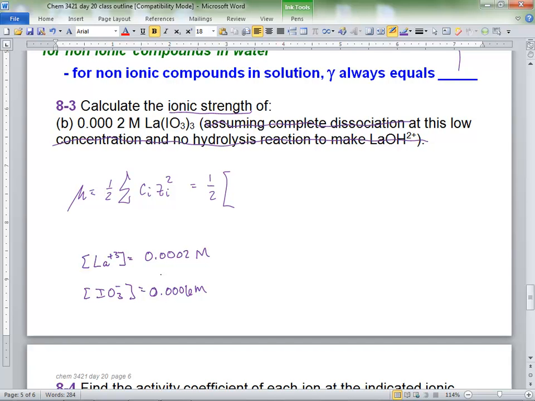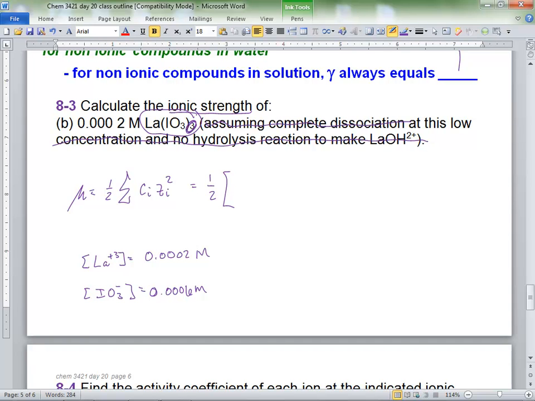Another strong hint is just by looking at this. You have 3 iodates for every 1 lanthanum, so you need to multiply. You have 3 times the number of iodates as you do lanthanum, just by going by the chemical formula. So this has to be 3 times as concentrated.